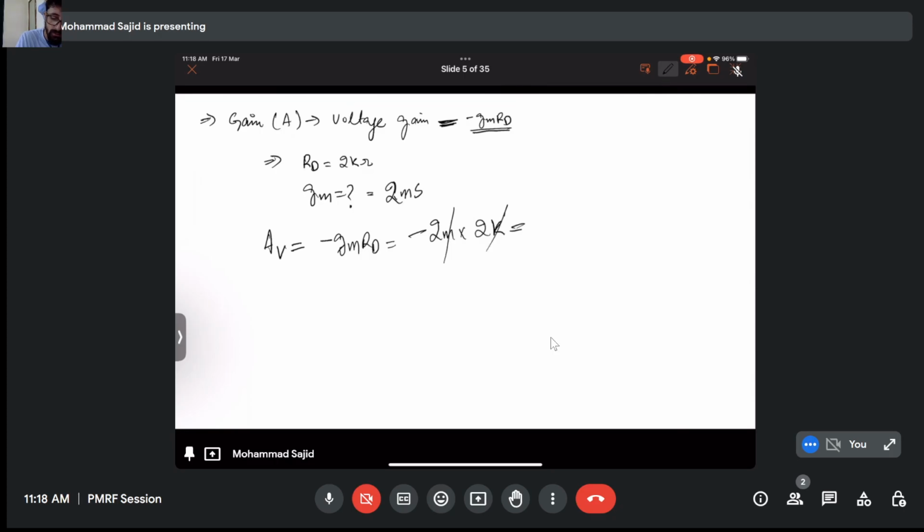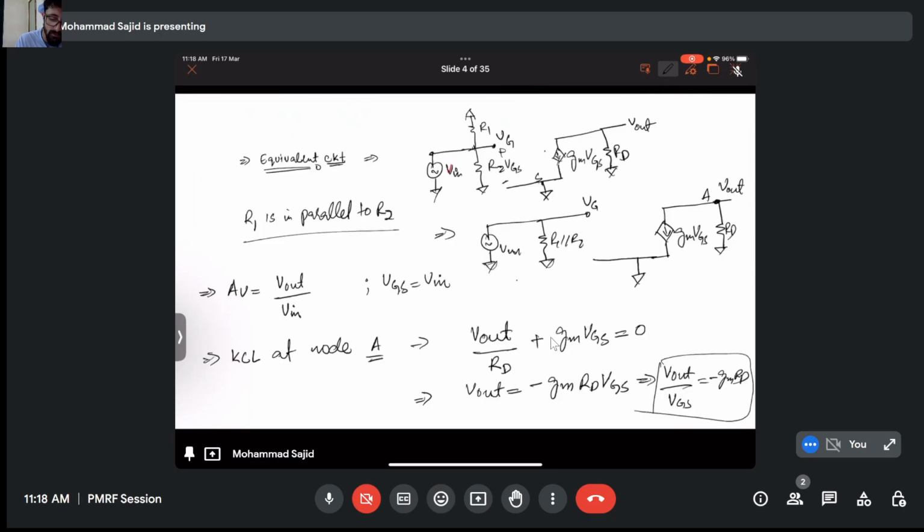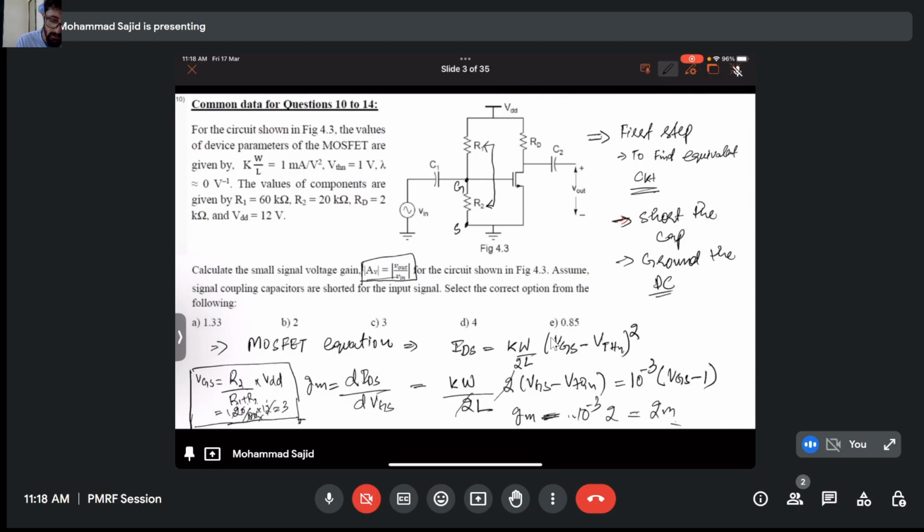This will be minus 4. Since it is actually a minus 4 gain, but it's a mod of minus 4, yes, this is the correct option. So this is how you find small signal voltage gain.